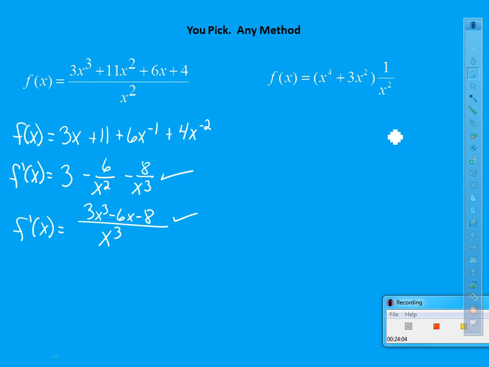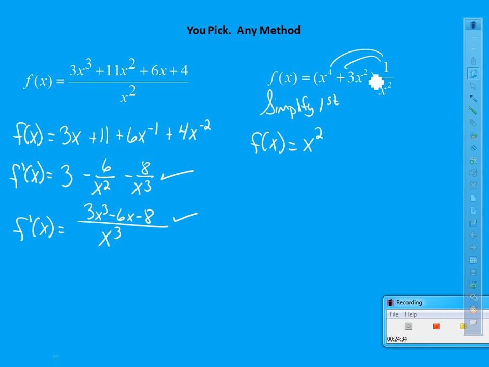Hey, my last one. I've got x to the 4th plus 3x squared, times 1 over x squared. I could use the product rule on this, and that would get me to the answer. But I'm going to simplify first. If I distribute that 1 over x squared, I'm going to have x to the 4th over x squared, which is x squared.